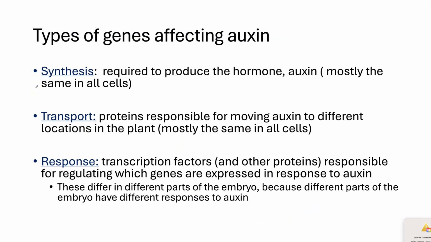Okay, so what kinds of genes affect the production of and response to auxin? Well, the synthesis genes. So these are genes required to produce the hormone auxin. And those of you who took 357 will know these categories already because we did our CRISPR constructs on genes like this, but we didn't talk very much at all about the biology of them. So here's where you get to learn a bit more about them.